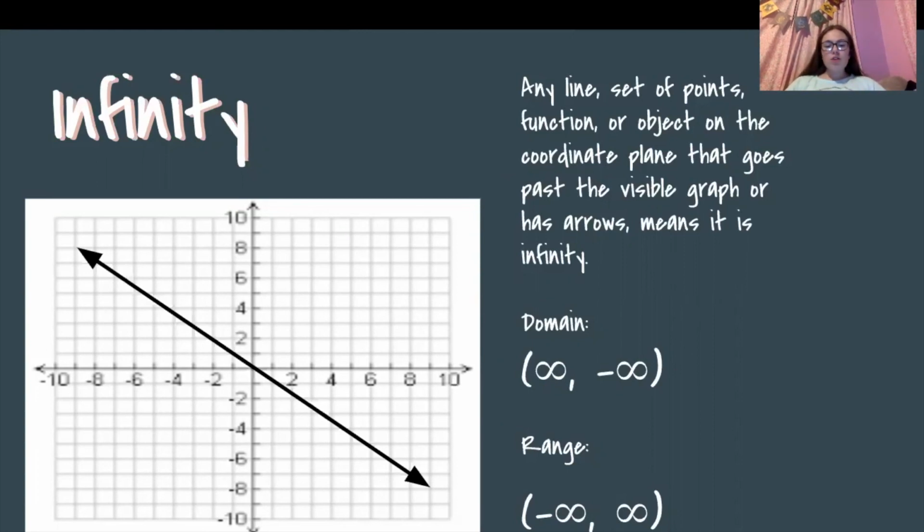For domain, furthest to the left is positive infinity, and furthest to the right is negative infinity, while the range is the opposite, where from the bottom it's negative infinity, and to the top for the y-axis is infinity. So that is infinity.